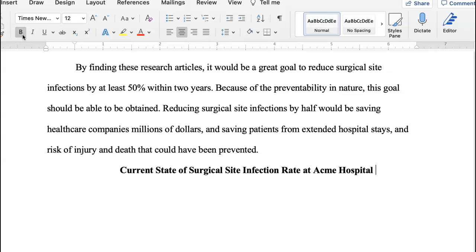And the departments that did the best with this were ortho and something else. Because GI obviously is a really hard one, but GI improved their infection rate by only 20%, but still, it's improving.